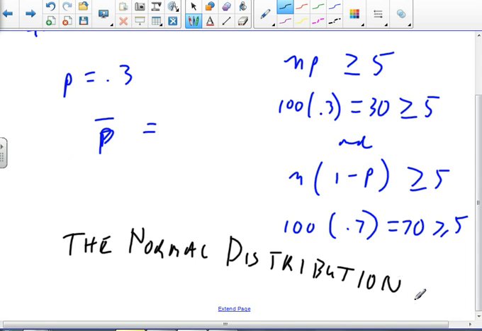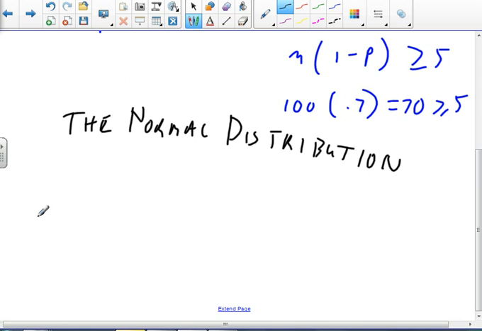What is our other choice? The other choice is it's not normal, right? B. What is the probability that p bar is between 0.2 and 0.4?